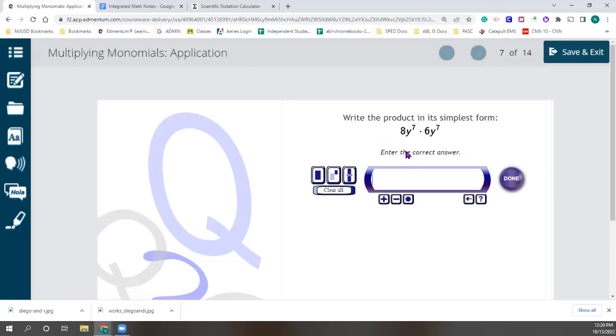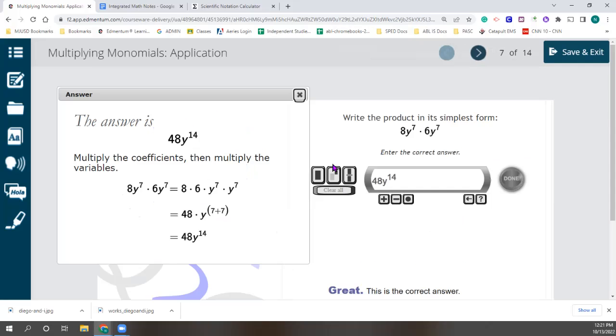Combine the variables by adding the exponents. 7 plus 7 is 14. You got it. So it should be simplified as 48y to the 14th power. Done. Holy cow. The more I practice, the better I get.